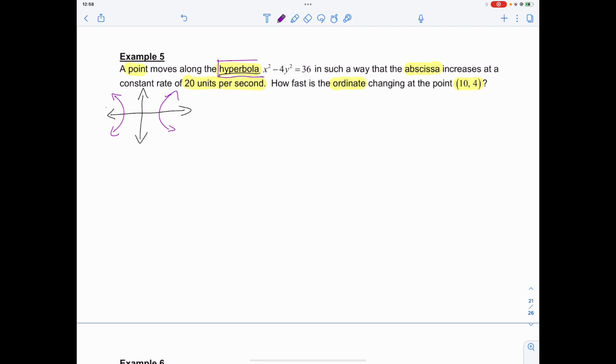So the first thing is, I should know what a hyperbola looks like. Second thing is the abscissa. That's just a fancy way of saying the x coordinate. And the ordinate is a fancy way of saying the y coordinate.